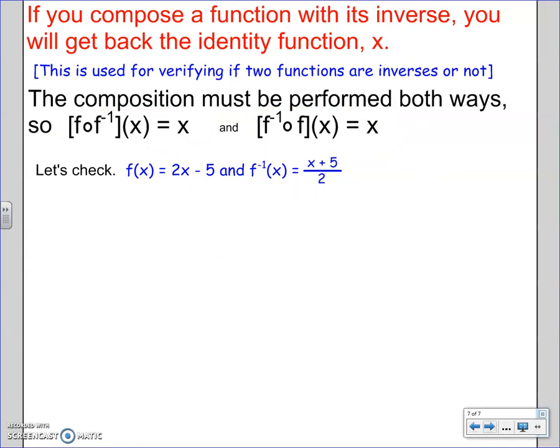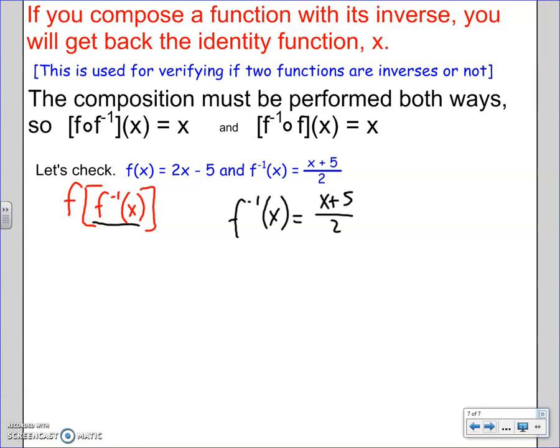So the first one says do f of f inverse of x. Well, to do f inverse of x, that means go to the equation f inverse and plug in x for x. Well, that's really no change because there's already x there. So that's going to place it inside. So this turns into f of (x plus 5) over 2.